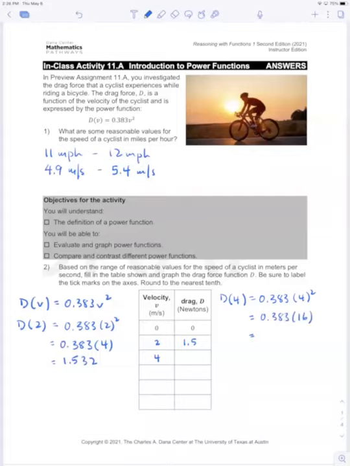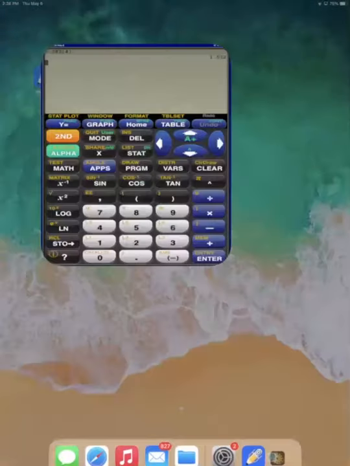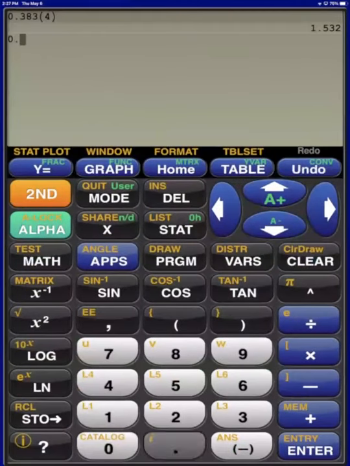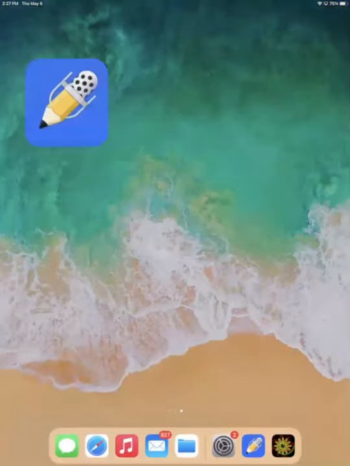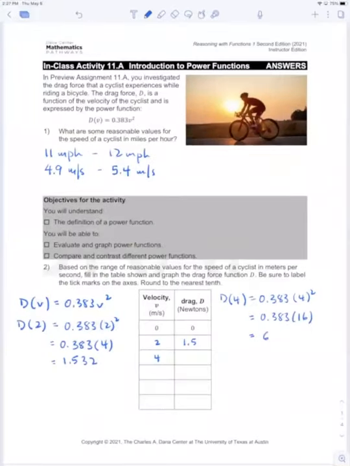Let's go back to the calculator, and we'll go 0.383 times 16, and we end up with 6.128.